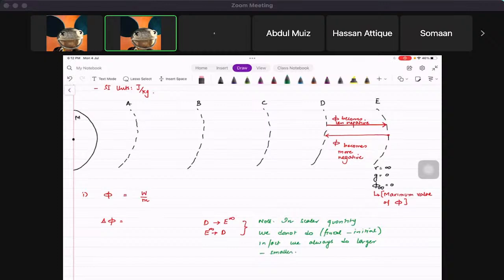So what I mean by this is, the potential at infinity is maximum, which is 0, so we subtract the work done per unit mass at any point, which makes the change in potential always a negative value if it is not at infinity. Everybody understand this?